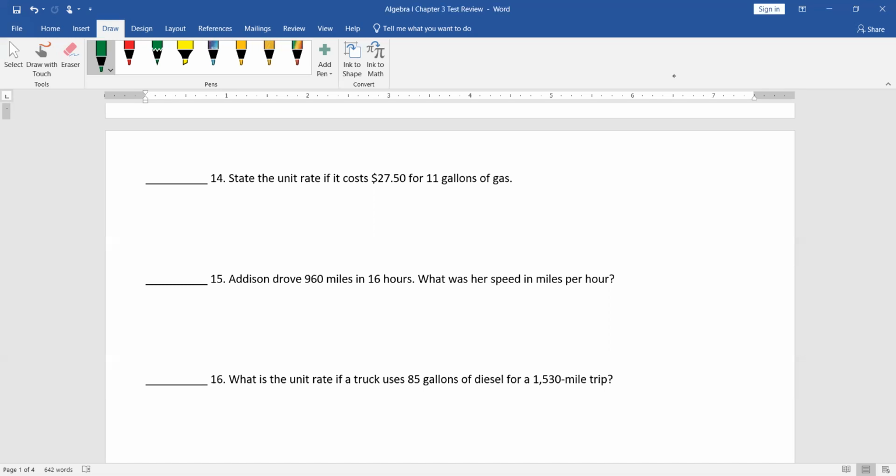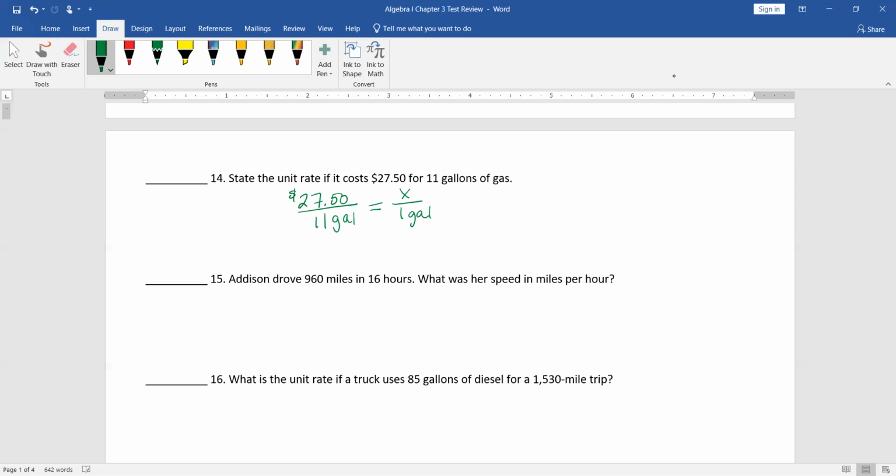So pretty much all you're doing is setting up your known rate and then equaling it. So let me just show you. It's $27.50 for 11 gallons of gas. So this is dollars per gallon, equals how much money for 1 gallon.